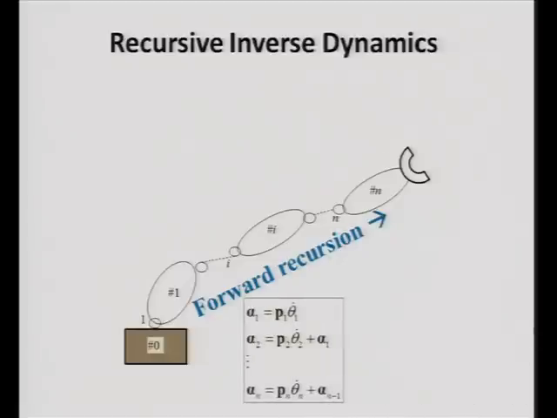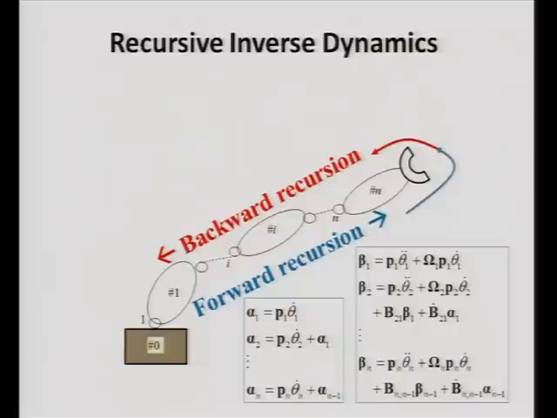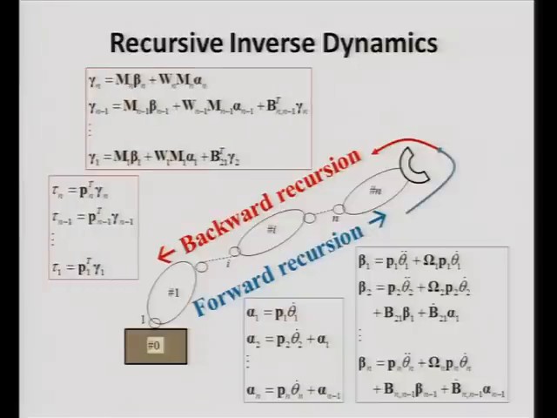So, in case of the recursive algorithm, the steps are as follows. First you calculate the velocities and the accelerations in the forward recursion, and in the reverse recursion you calculate what we call the inertia forces, in this case inertia wrenches, and you project on the axis of rotation to give you the joint torques.